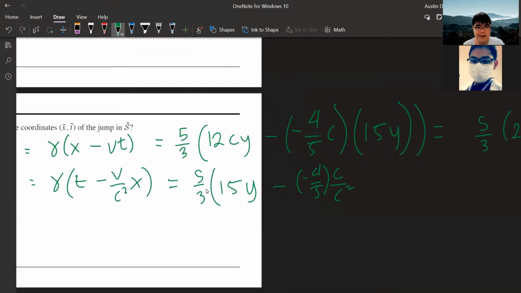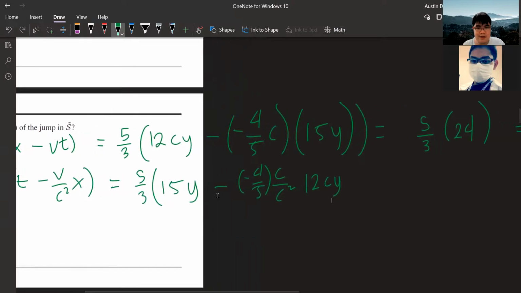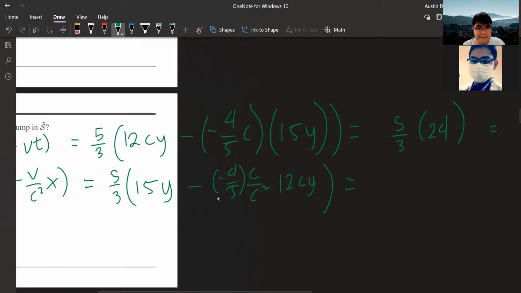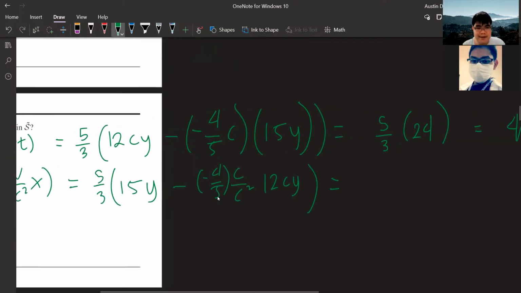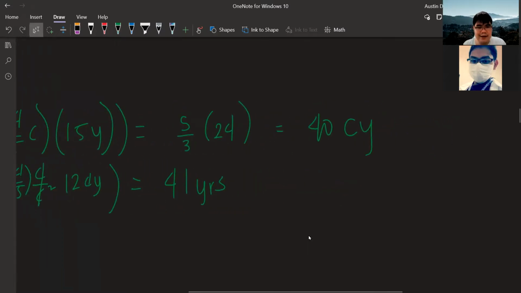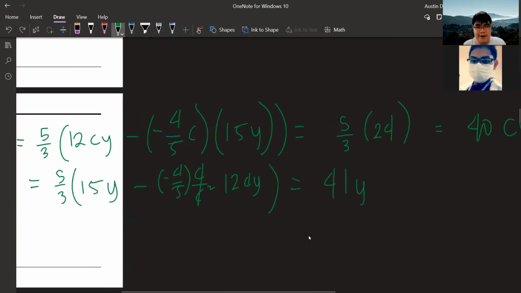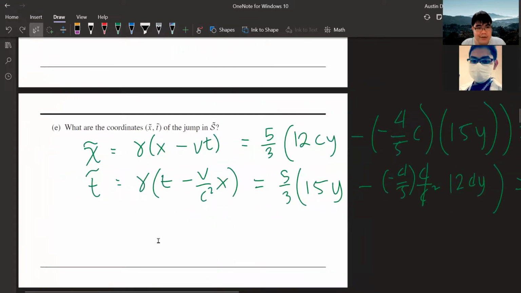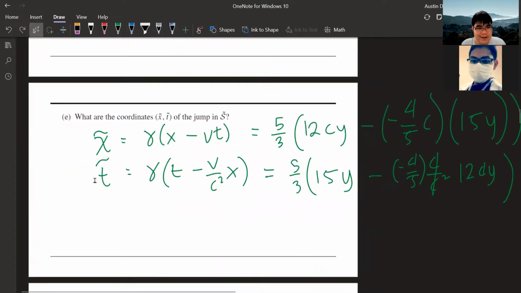Then this is 12 cy. And this is, yes, cancel. 12. Okay. This is 41 years. Calculate nyo na lang. 41 years. 41y. Yung coordinate nung jump.